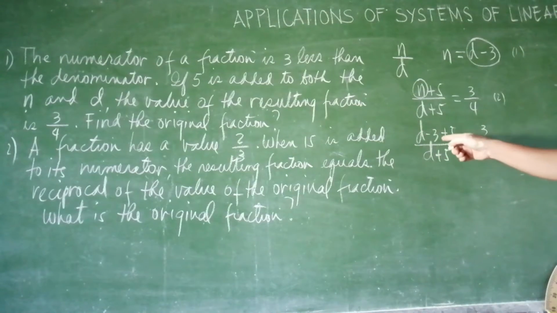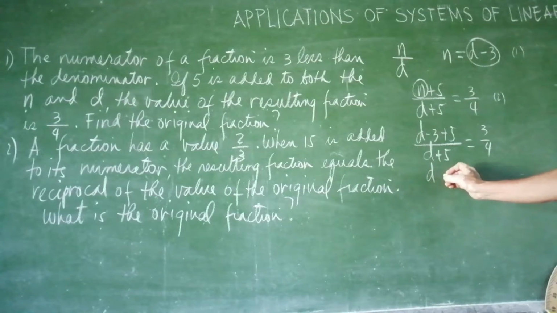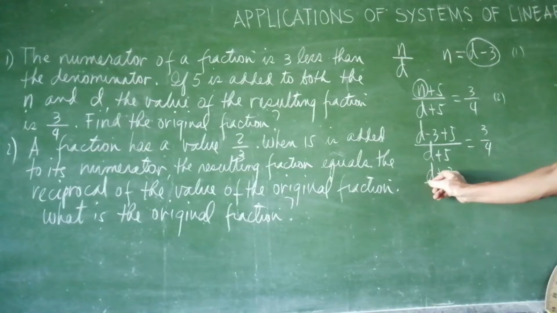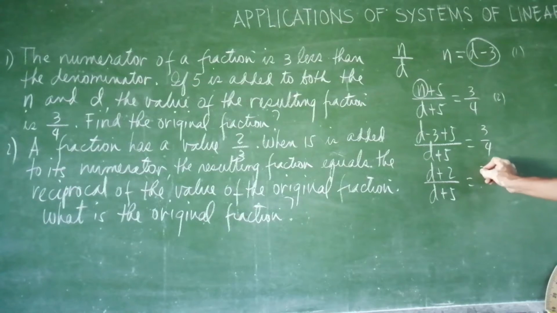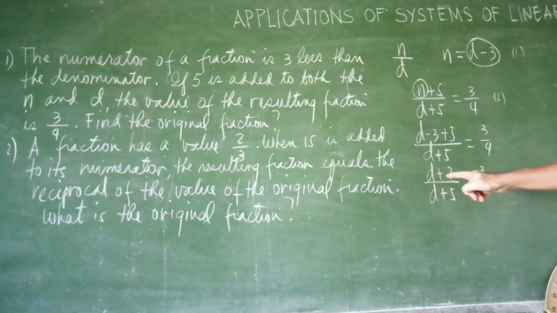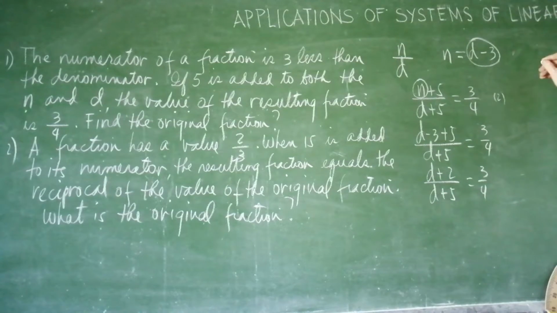Okay, let's simplify. That will become d plus 2 over d plus 5 equals 3/4. Okay, we cross multiply. So it will become 4 times d plus 5 will be equal to 3 times d plus 5.